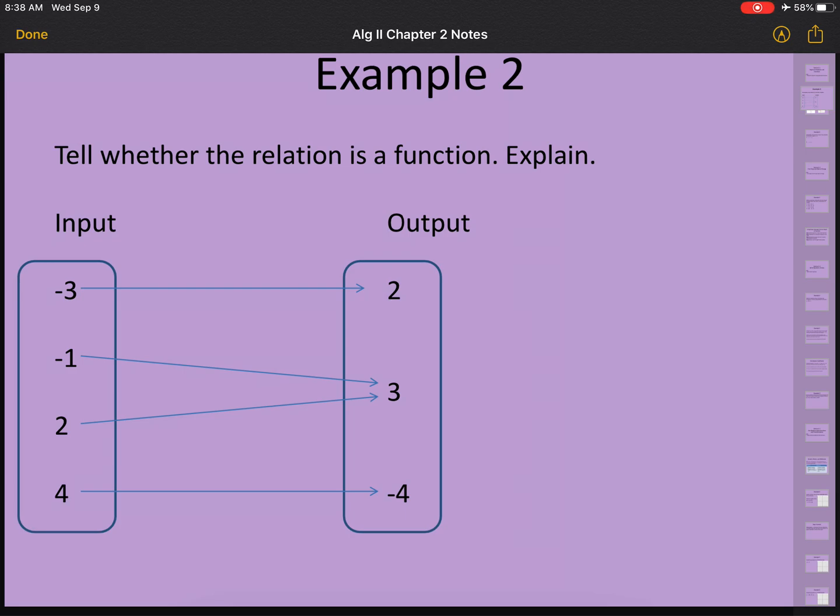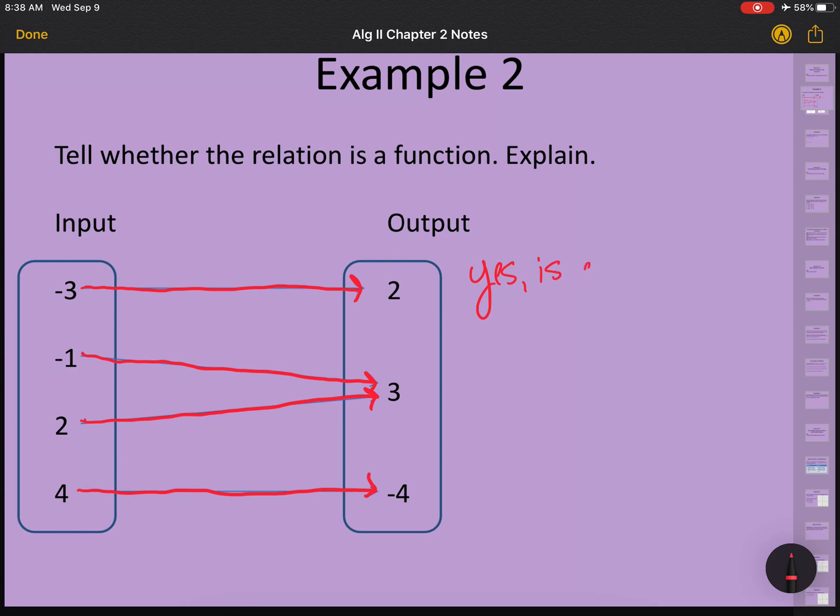So looking at -3, our first input, it has exactly one output, that is 2. At -1, it has exactly one output, that's 3. At 2, it has exactly one output, that's 3. And then at 4, it has exactly one output, that's -4. So, since each input has exactly one output, this is a yes.